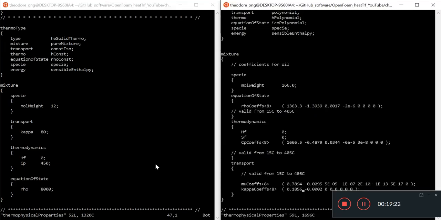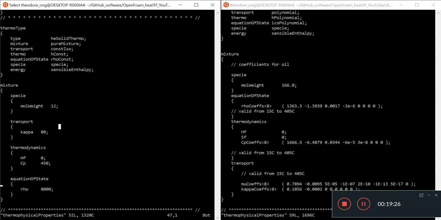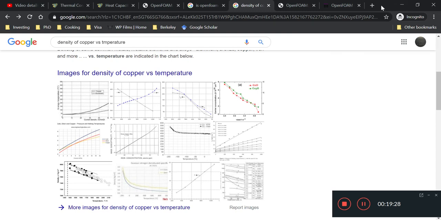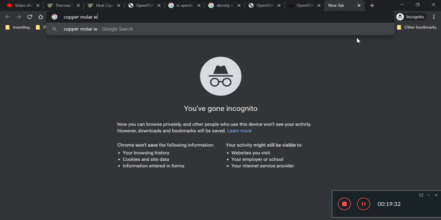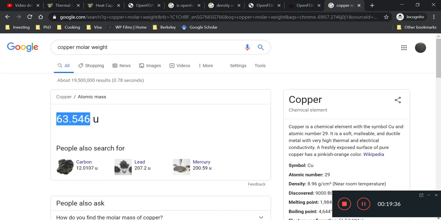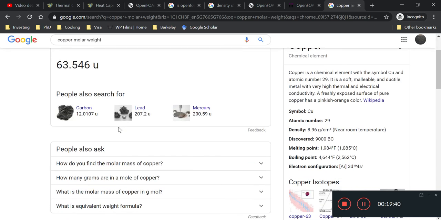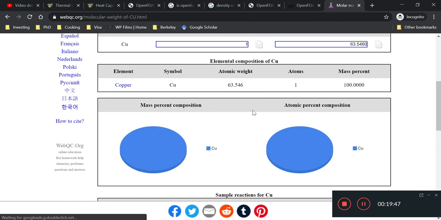Okay, so we have the equation of state. We still need the molar weight of copper. So let's go to copper molar weight. 63.546. I mean, you can just Google or Wikipedia it, but I'm just going to use this one. 63.546.